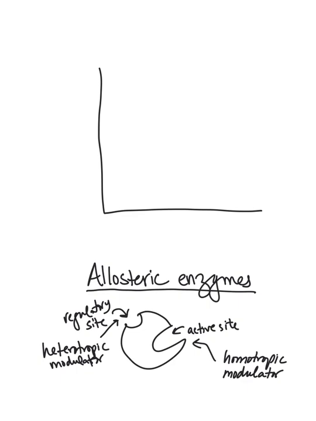But this is different from the inhibition we talked about in a previous lecture, because these enzymes don't follow Michaelis-Menten kinetics. So if you draw a Michaelis-Menten graph where you have substrate concentration on the x-axis and initial velocity on the other axis, remember Michaelis-Menten kinetics for an enzyme, the line would look hyperbolic.